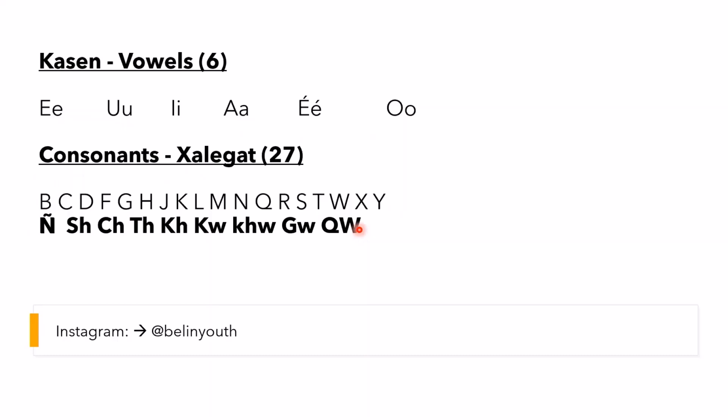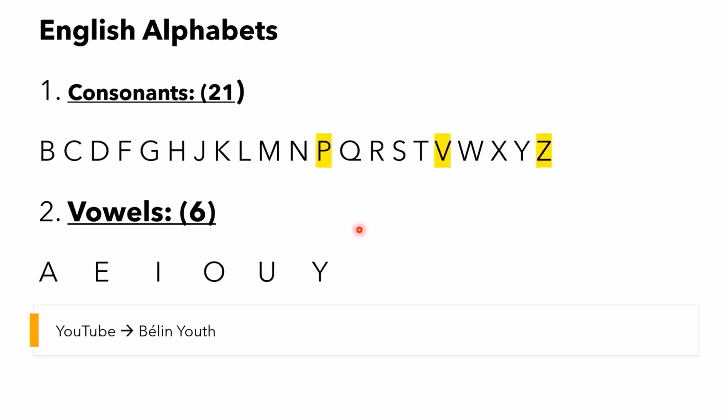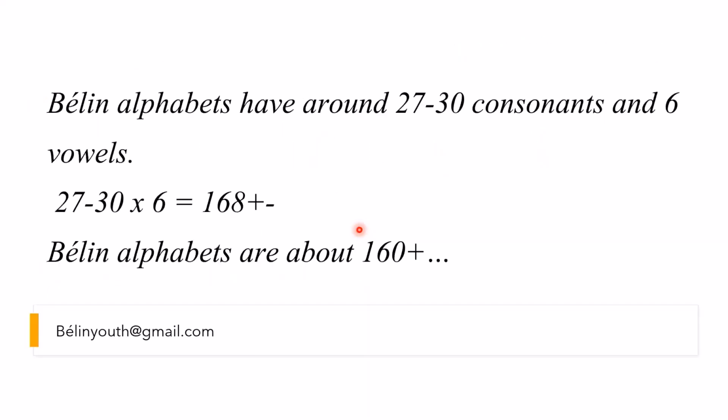So let's see how we build up our halagat. Bélin has around 27 to 30 consonants. That's because of the 3 that I highlighted here, which I don't have here, but they do exist in Bélin. And we have 6 vowels. So we will just see why this math makes sense.